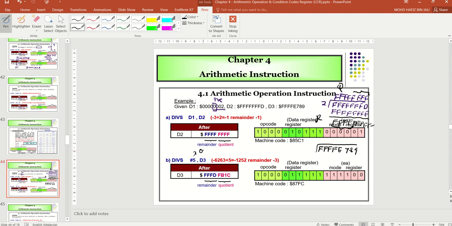The MSB is 0, so this means a positive value. Your operand is in hexa, so just divide by 5, because in decimal it is 5 and in hexa it is also 5.